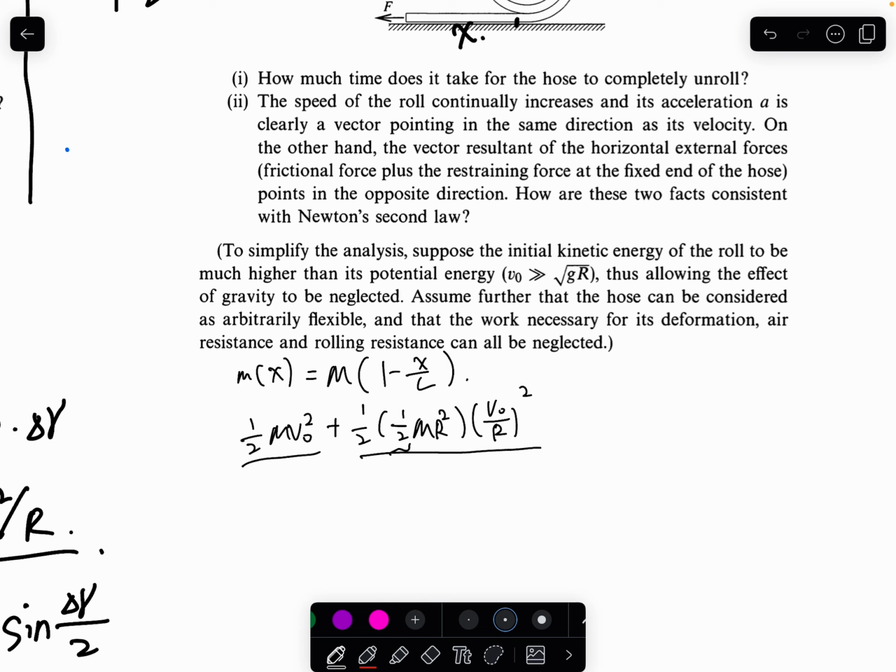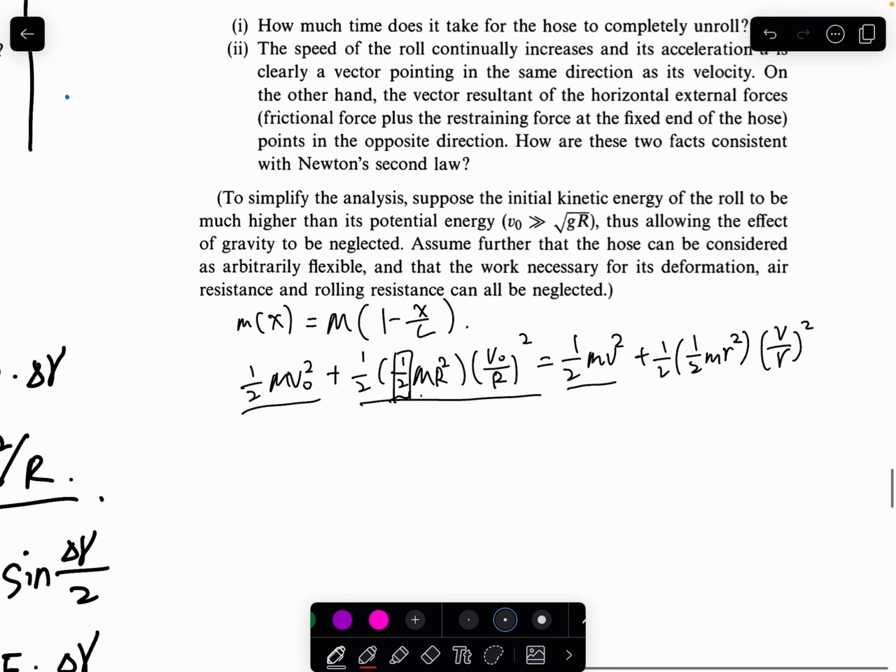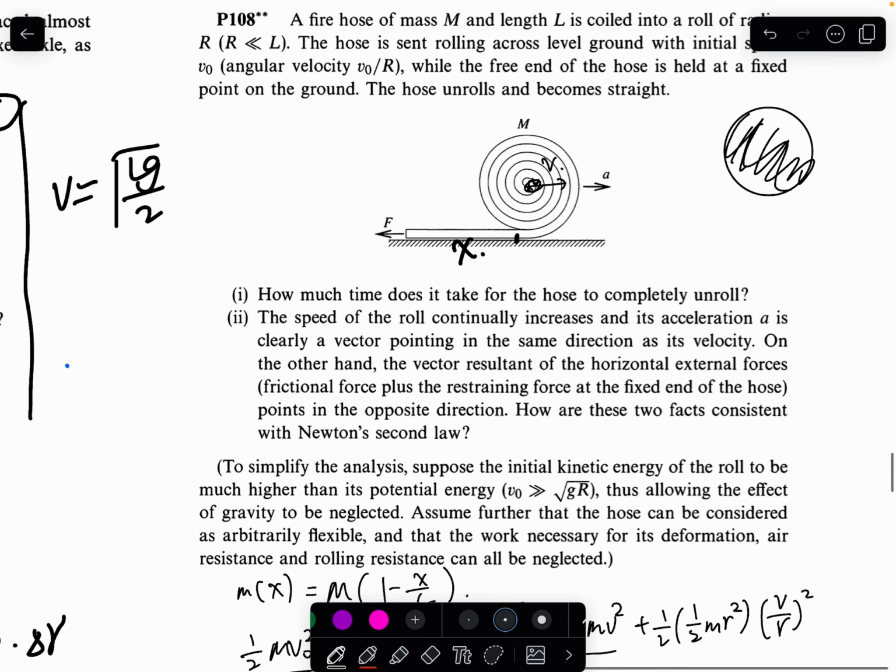You can't neglect this coefficient, right? If it equals the kinetic energy, you just write this down, right? This r and the l, you have to find that out.